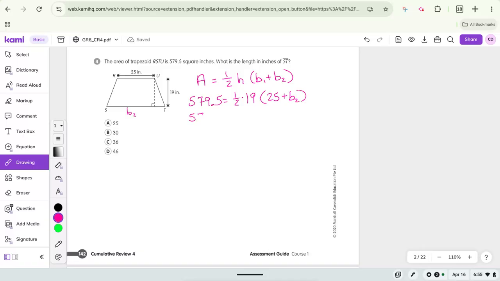Now the first thing I'm going to do is multiply 1/2 times 19, which is 9.5. The next thing I think I'll do is divide both sides by 9.5.